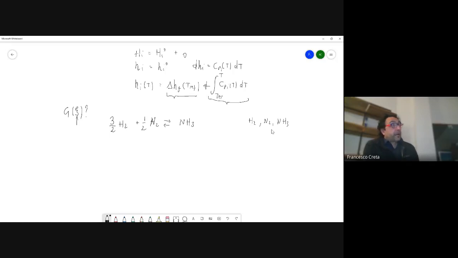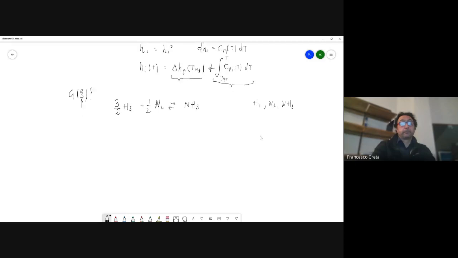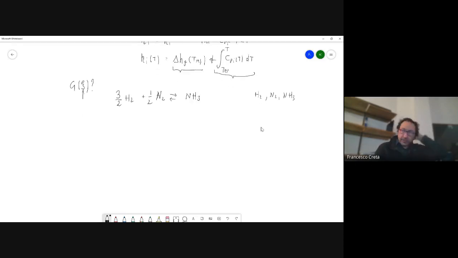Our reaction, we can move around the reaction by changing psi. So if we also can write this function here, we know how to establish chemical equilibrium. It took us 10 lectures, but we got there, more or less.